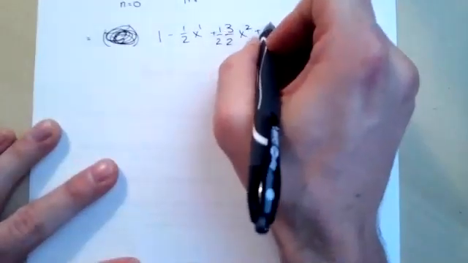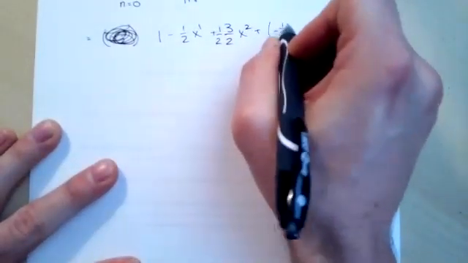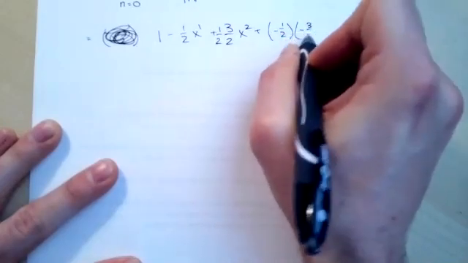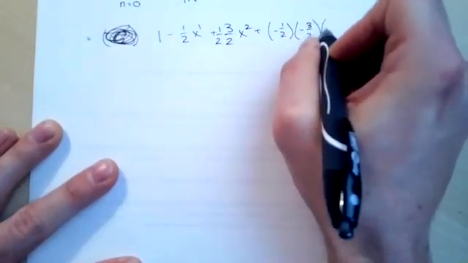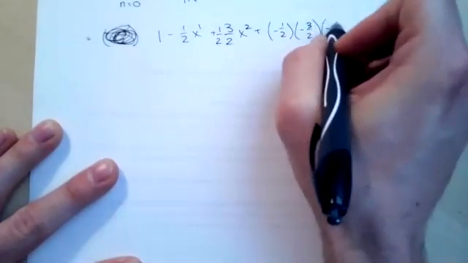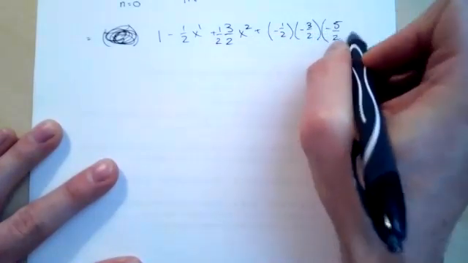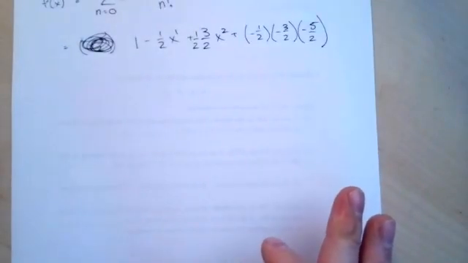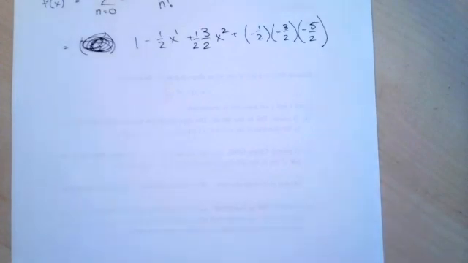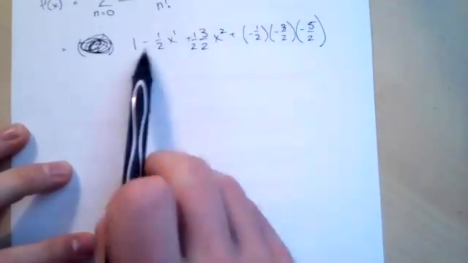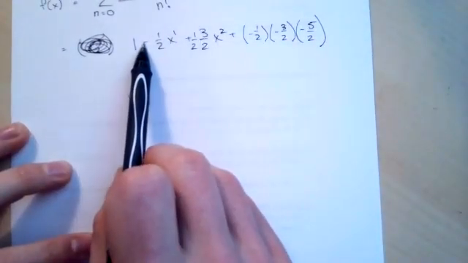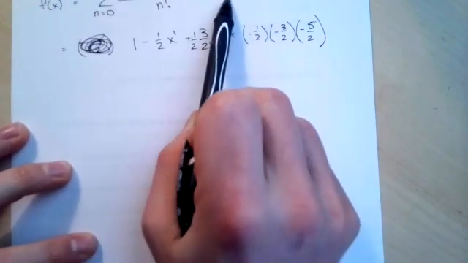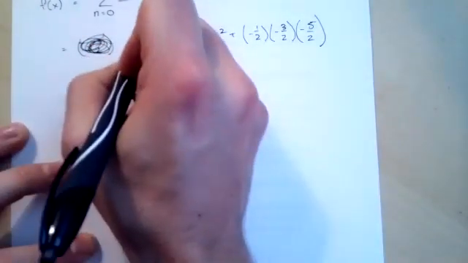So let's keep track of the minus signs and see what's going on here. Our coefficients are going to be minus 1/2, minus 3/2, minus 5/2. So I actually think I missed a minus sign here. So it's a minus 1/2, but when n is equal to 1, we will have a minus sign here.